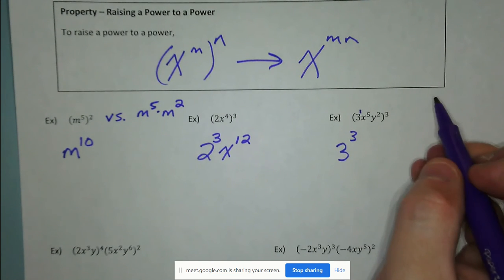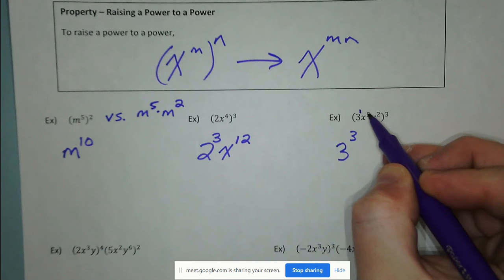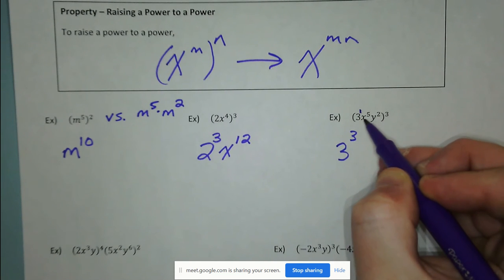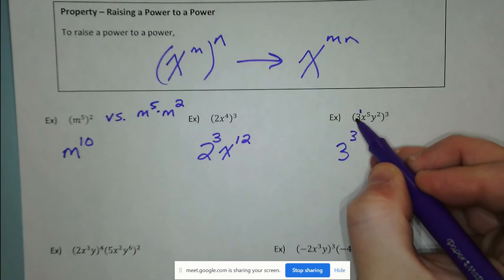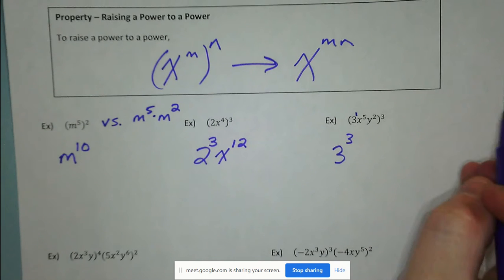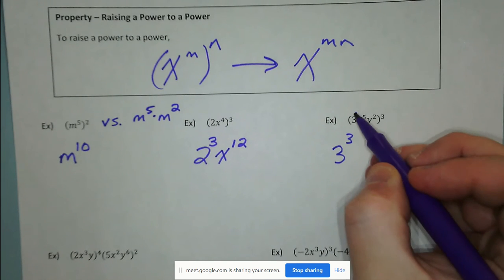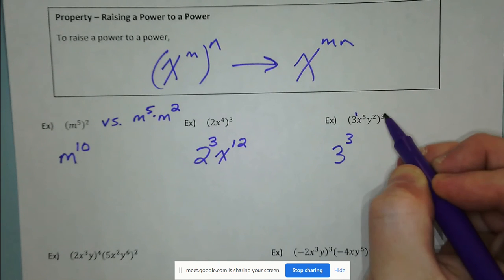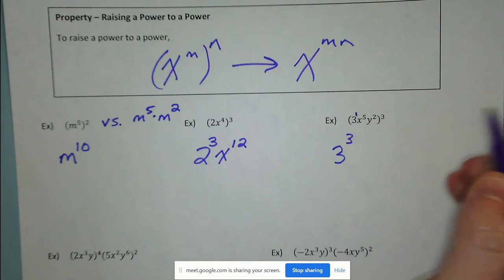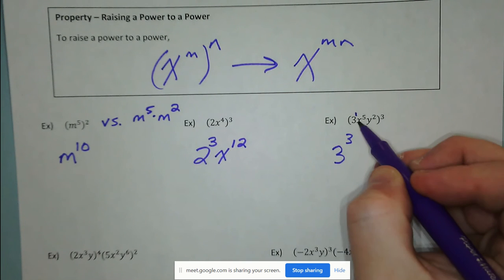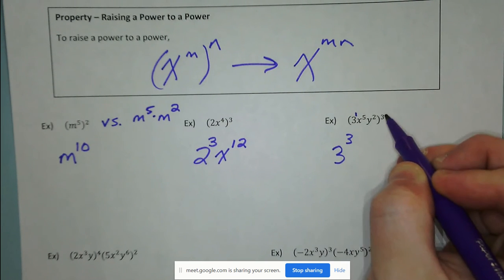So if you want, and again, it's not 5. This 5th power only goes with the x, not the 3. You know what I mean? So this is technically 3 to the first. So if you wanted to approach it like, well, it's 3 to the first power to the third power, you could multiply those powers. But then we have x to the 5th to the third.